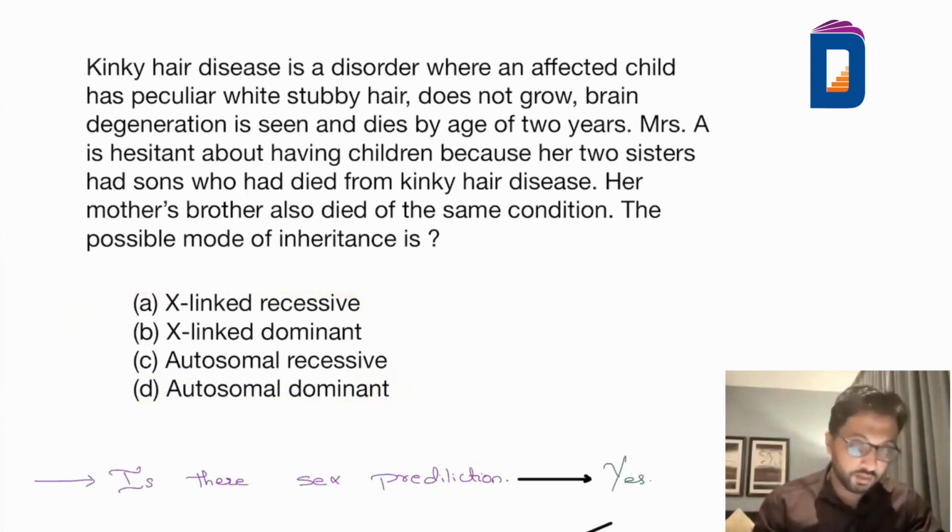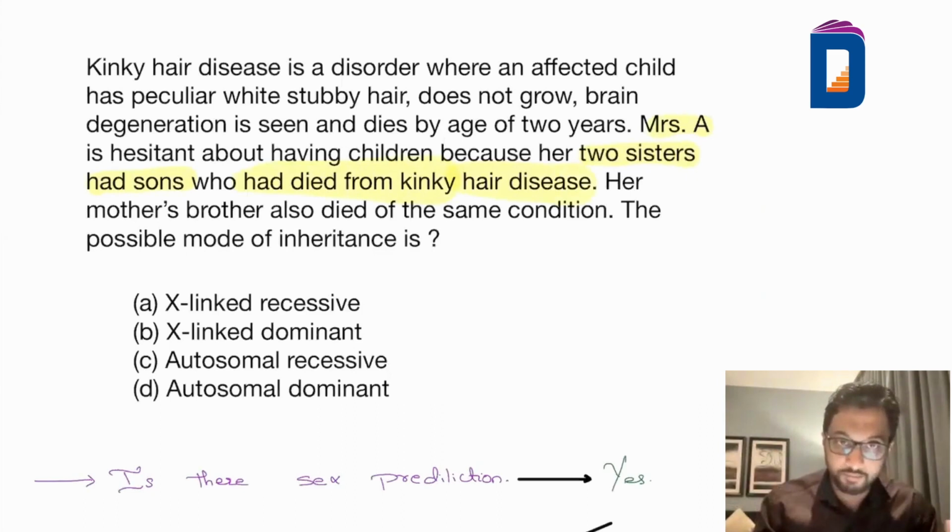Now the question: you know that it's genetics. Kinky hair disease is a disorder where the affected child has peculiar white stubby hair. It's not significant at all, it's just going to waste your time. The hair does not grow, brain degeneration is seen, and the child dies by the age of 2 years. Now this is where the more significant part comes. Mrs. A is hesitant about having children because her two sisters had sons who died from kinky hair disease.